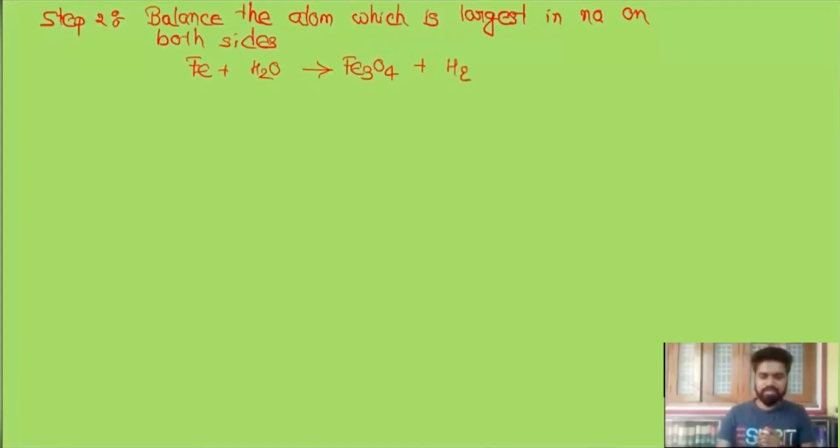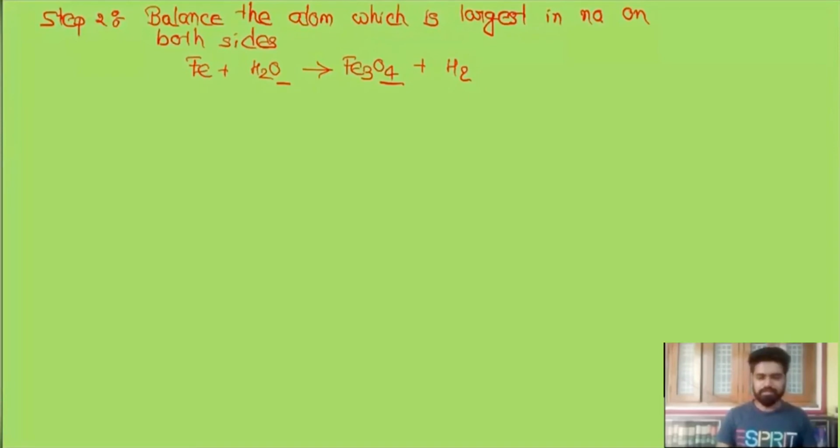The number of oxygen atoms was the highest: 4 on the right hand side and 1 on the left hand side. So we choose to balance the oxygen atoms first.